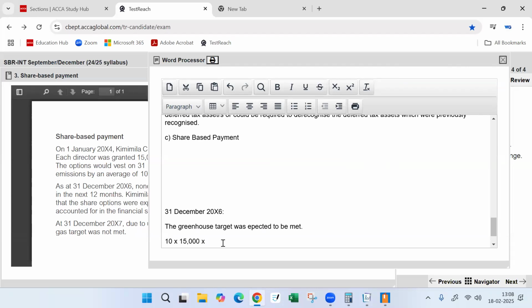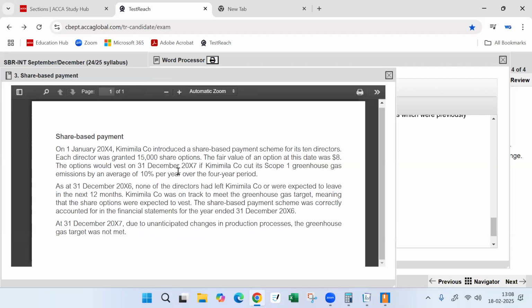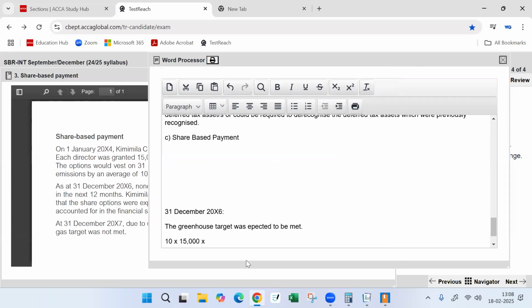Correct. What is the vesting period? 4 years. How many years have been completed? 2000 X4, 2000 X5, 2000 X6. So 3 years have been completed. So which means it will be 3 by 4 into what is the fair value? $8. So what is the amount?